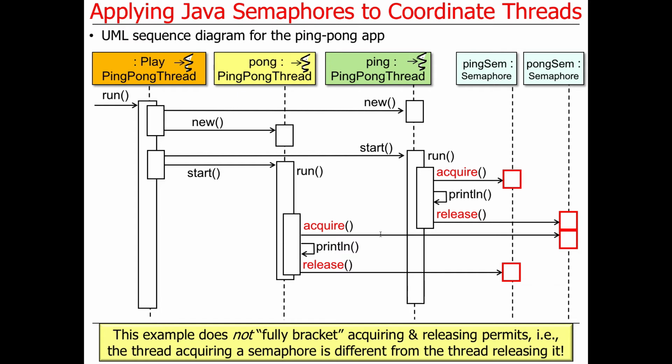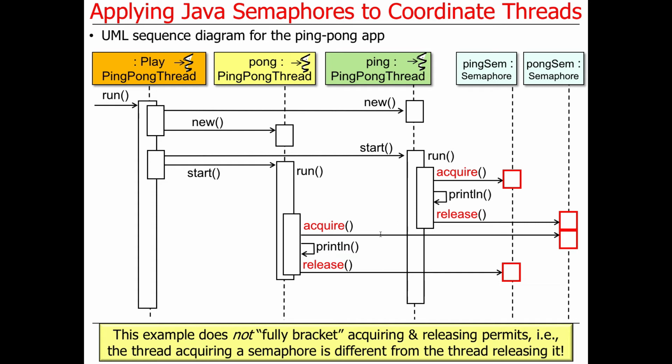Meanwhile, after calling release on the pong semaphore, that increments the count of the pong semaphore by 1. So this thread over here that was blocked in acquire, waiting for the count to be greater than 0, is now atomically incremented to be 1, which means it can acquire it, which atomically decrements it by 1, so it's now locked.